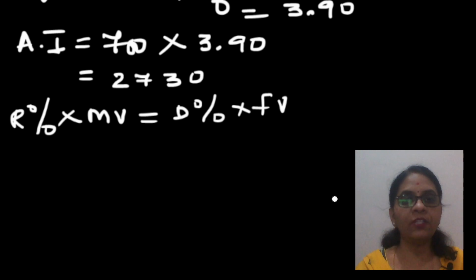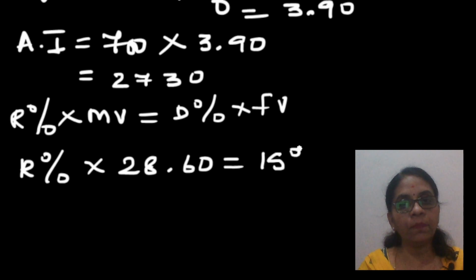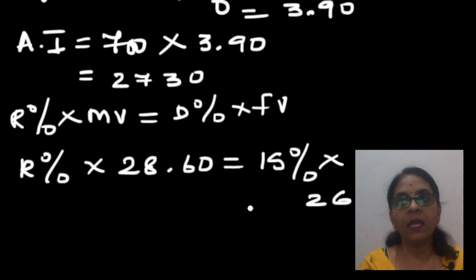So what is MV, children? MV is 28.60, D is 15% and FV is 26. So again, this percentage we are not, I have just shown you, do not write it as 15 by 100.